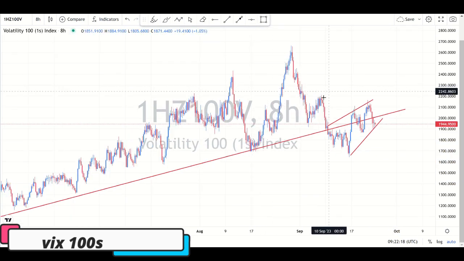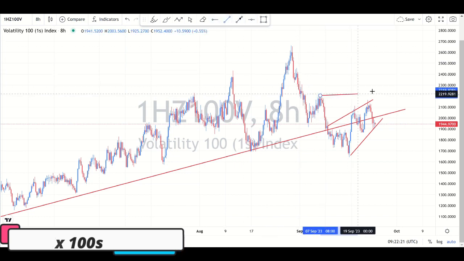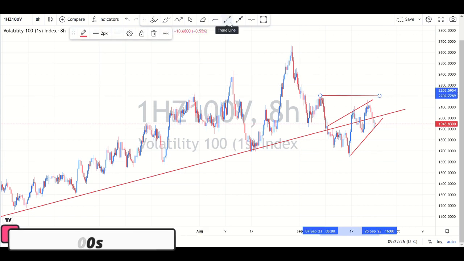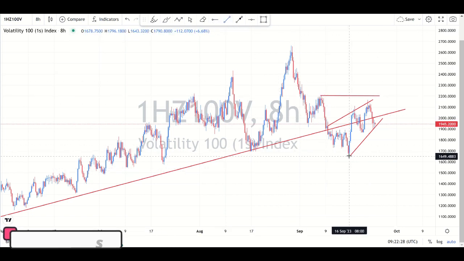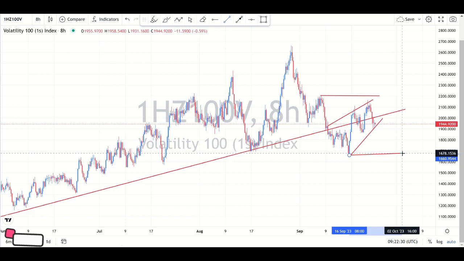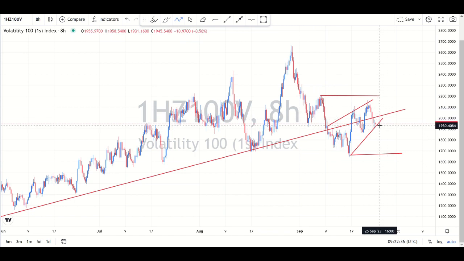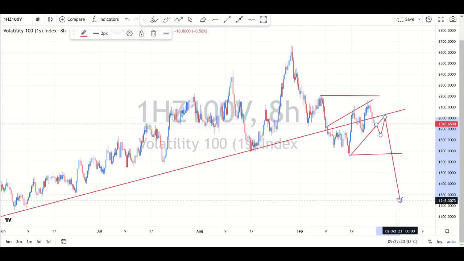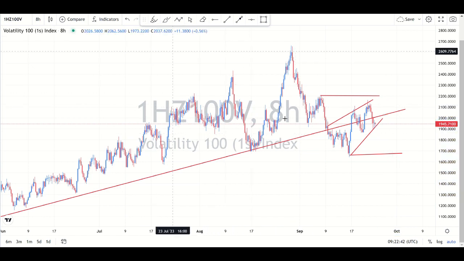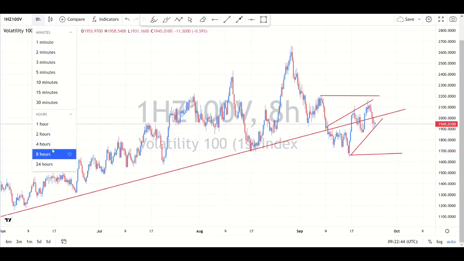This is the last high we've hit here, and this is the last low. Ideally, since we're in a bearish flag, the market breaks out, comes back for a retest, and then continues. So, right, let's go down to the smaller time frame.